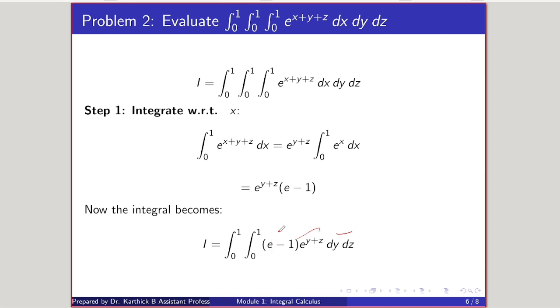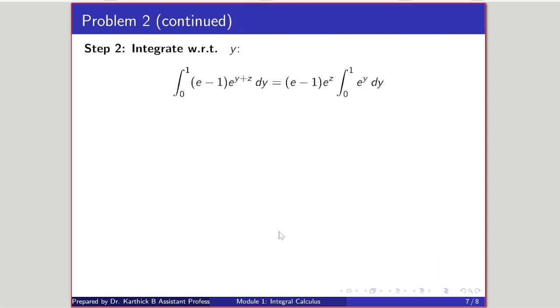Therefore, we may keep that e minus 1 as a constant outside the integral, from 0 to 1. Here we need only the term of y. Other than y, everything will be a constant. So I may keep e power z outside e power y, then dy, and at last dz.